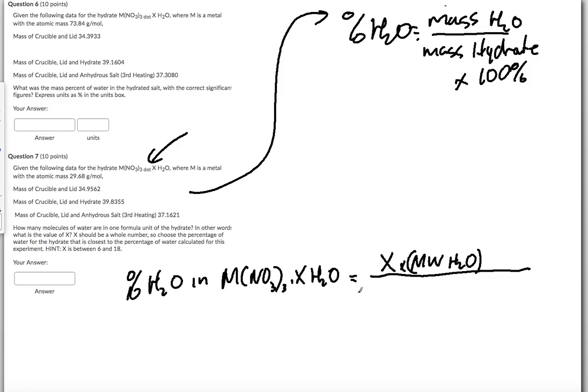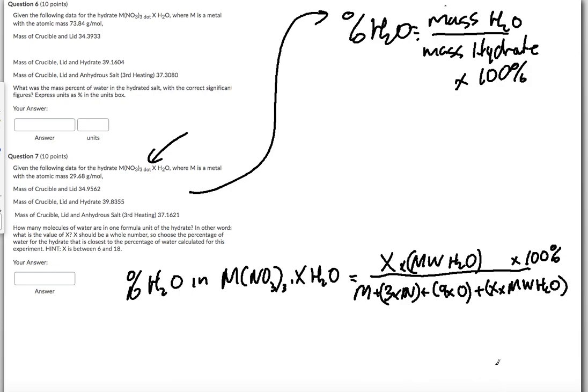And then that would be divided by the mass of M plus 3 times nitrogen plus 9 times oxygen, and then that would be added to, again the same thing we've got up here, x times the molecular weight of water, and all of that is going to be multiplied by 100%.